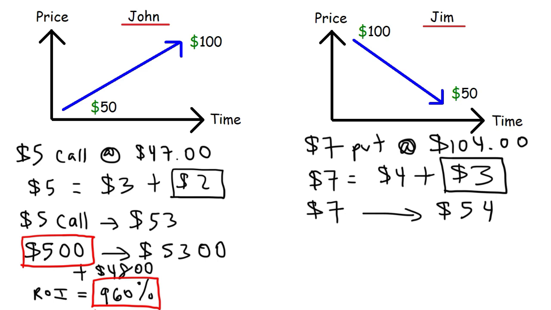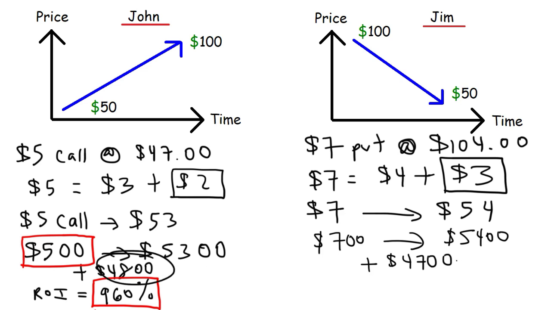Now, like the call option, the put option represents 100 shares. So buying a $7 put option represents an initial investment of $700, but he could sell it for $5,400, which means he's going to realize a gain of $4,700.